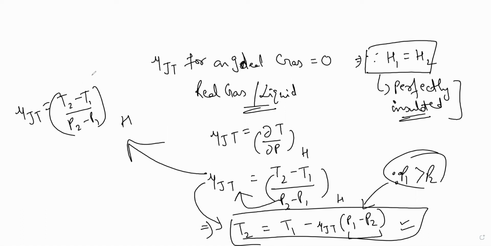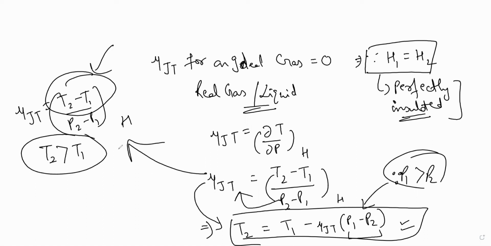This also shows us, in the numerator part, that T2 is greater than T1. T2 is also greater than T1, but T2 is greater than T1 when the denominator is P2 minus P1. That is the reciprocal inverse of what we are taking.